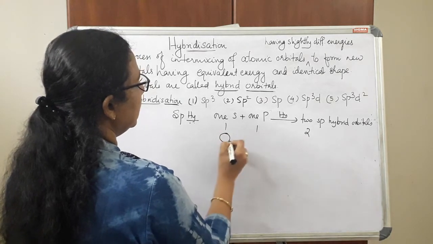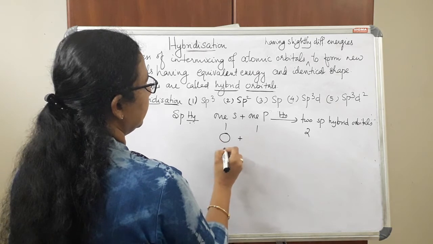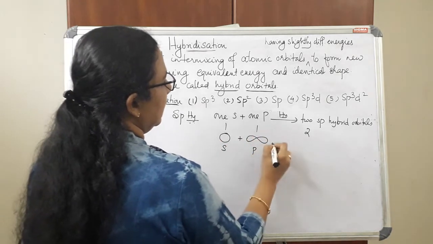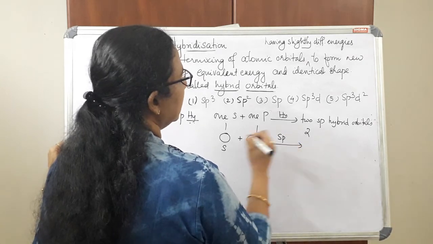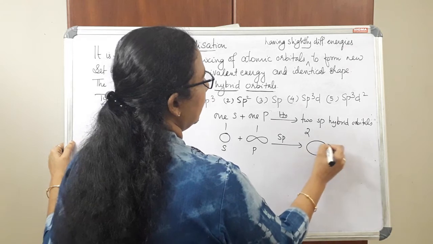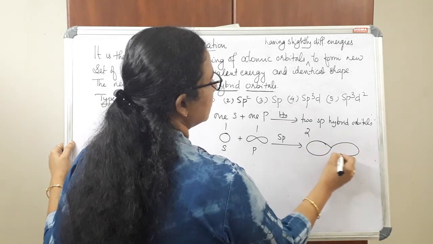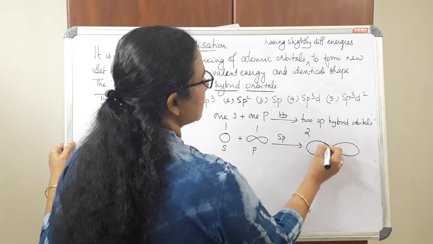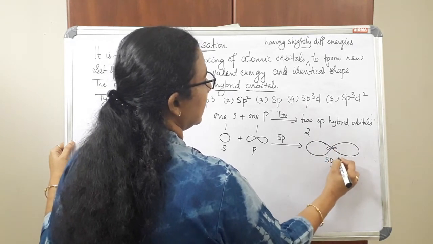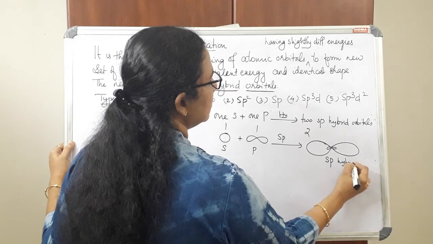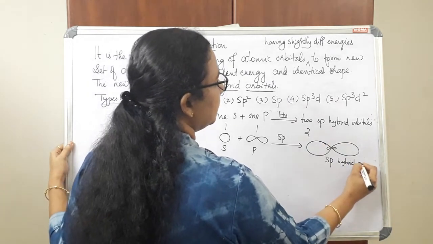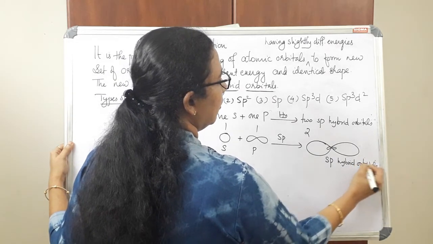So this may be the s orbital and this will be the p orbital, and after sp hybridization two orbitals are formed. Two new orbitals are formed having equivalent energy and shape. These two new orbitals are called sp hybrid orbitals.